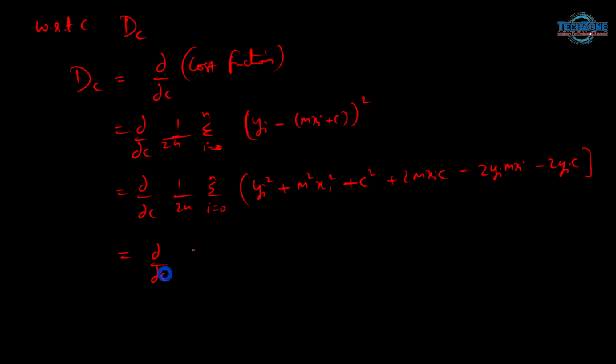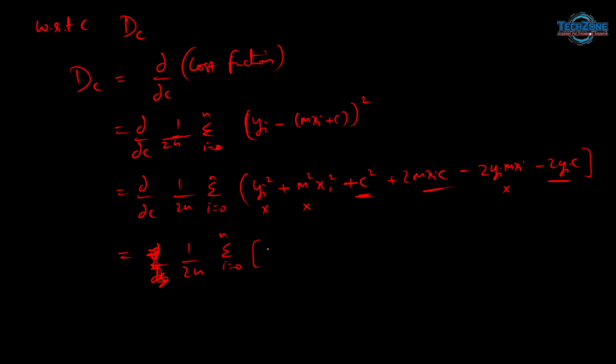Now partial differentiation of 1 by 2n sigma i equals 0 to n. If we are differentiating with respect to c, these two terms will become 0 because we don't have c in them, right? What else will become 0? This will become 0. So we'll have only the 1st, 2nd and 3rd terms.